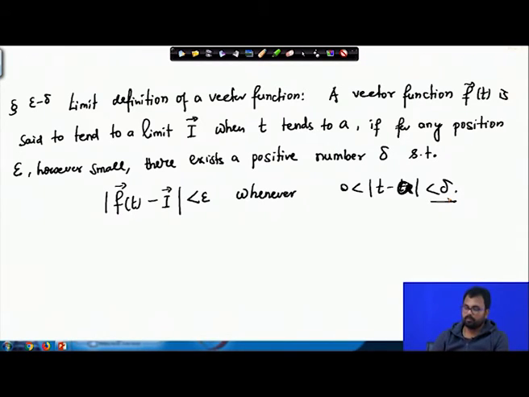If this is true, then in that case we simply write limit t goes to a of f(t) equals l. So, it is not L, basically it is l.